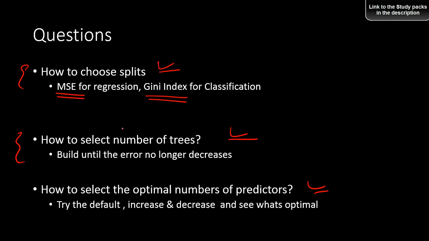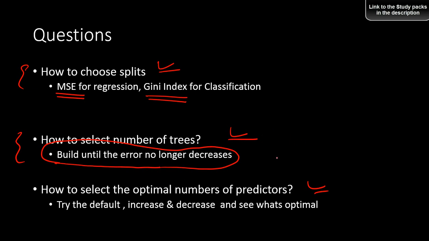How to select the number of trees? How we go about it is we build until the error no longer decreases. We keep on building the model until we do not find the error rate decreasing.